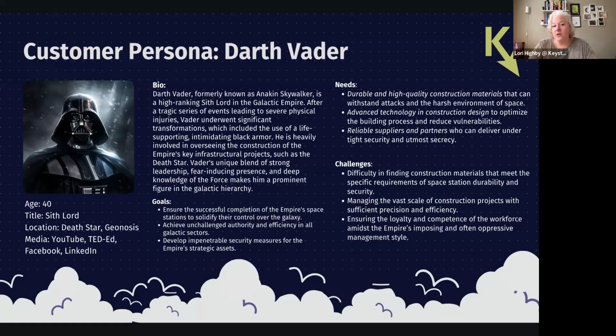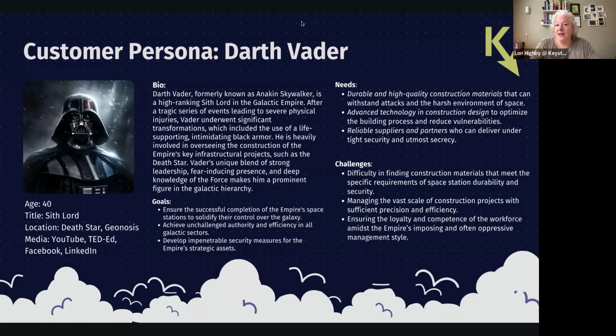Again, his goals are to ensure the successful completion of the Empire Space Station to solidify control over the galaxy. So he's going to need a B2B partner who would allow him to do that. So Abby, play along with me. When we look at Darth Vader's needs and wants, durable and high quality construction materials, clearly to be able to withstand attacks in the harsh environment of space.